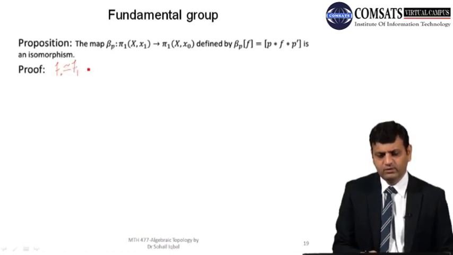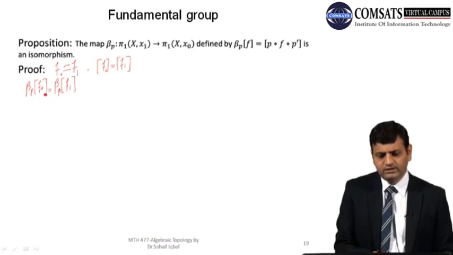Of course, when I say homotopic, it means relative homotopy, and if they are homotopic, then they represent the same homotopy class, and I have to show that they have the same images, because if the same element has different images, then the map is not well defined. So basically I have to show that beta P of f0 is equal to beta P of f1.